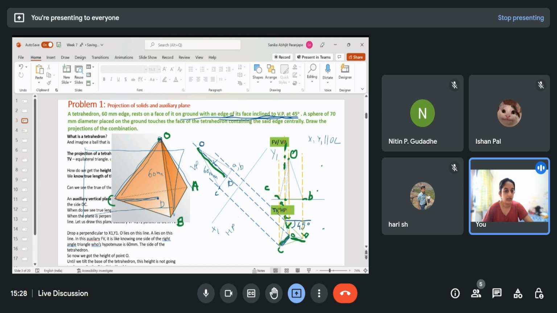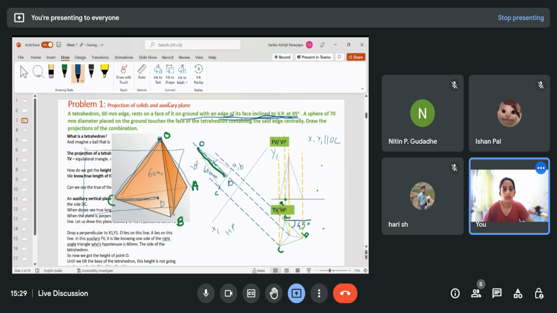So now I will rename it properly. This was my point O. This line is projection of point C, so this is OC.